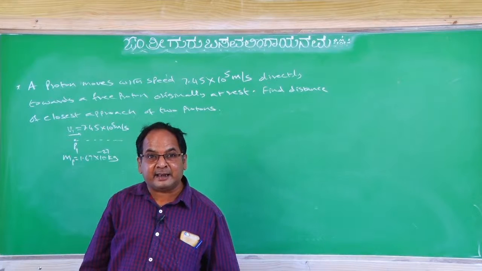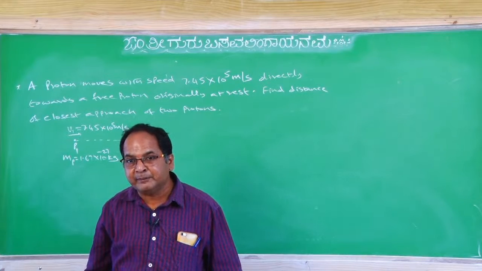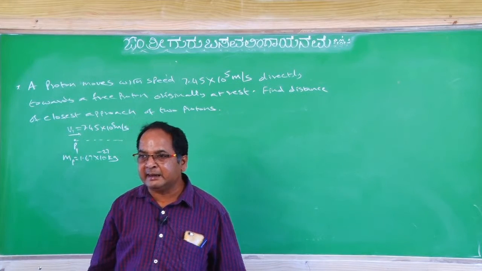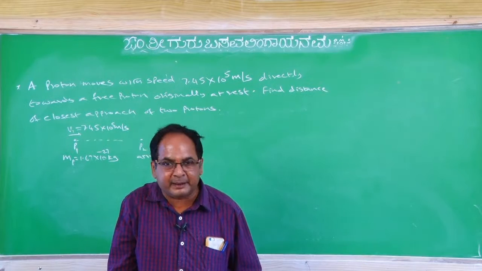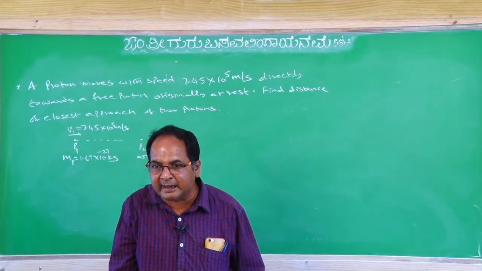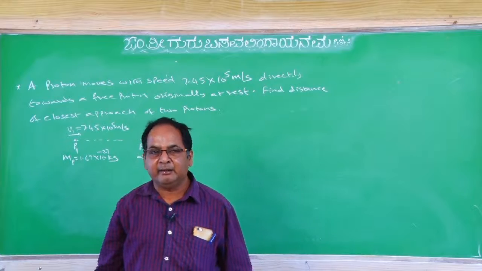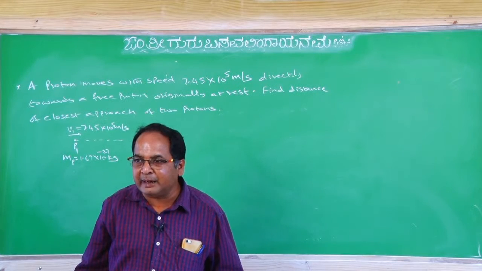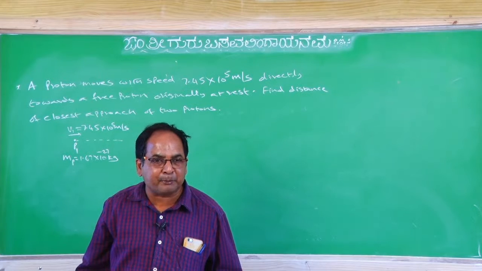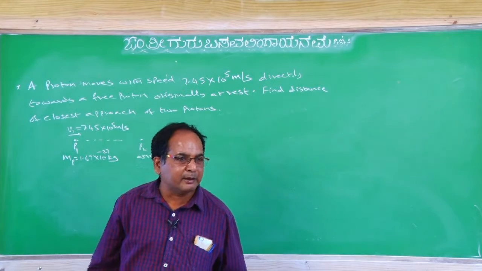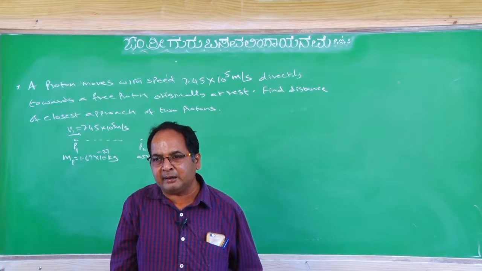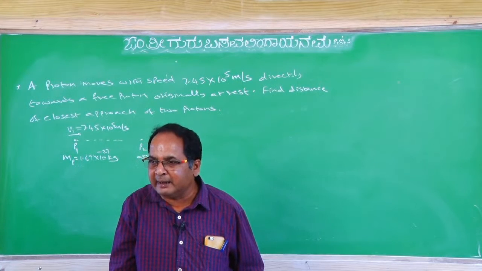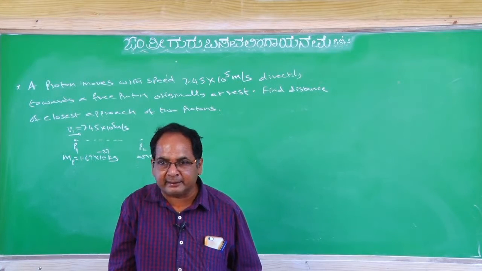When is attractive acting, when is repulsive acting? If the distance is greater than 1 Fermi, then attractive force is acting. If one proton is moving towards the other proton to about 1 Fermi, then the repulsive force is acting.